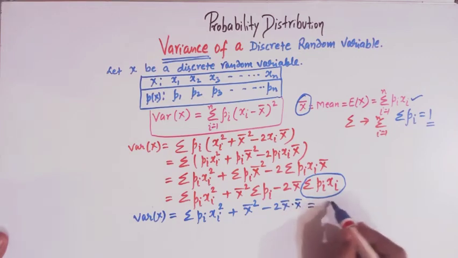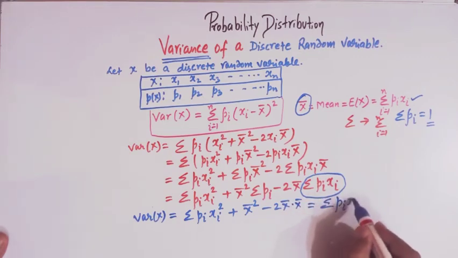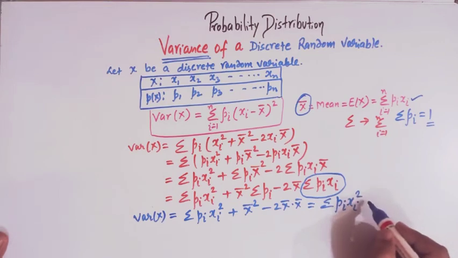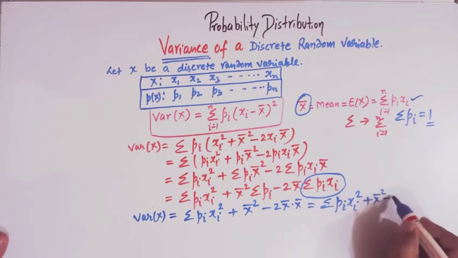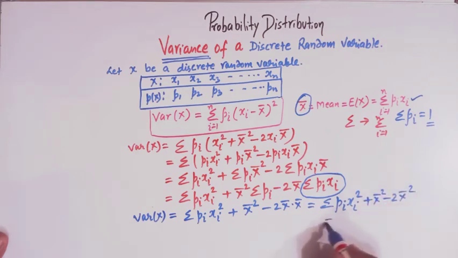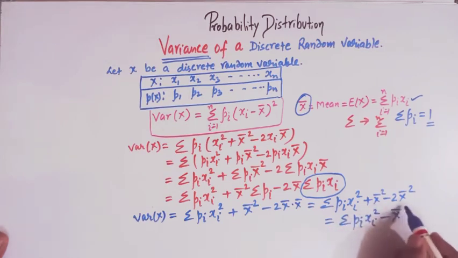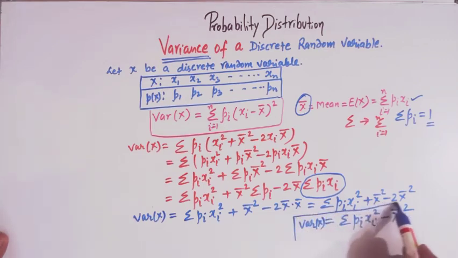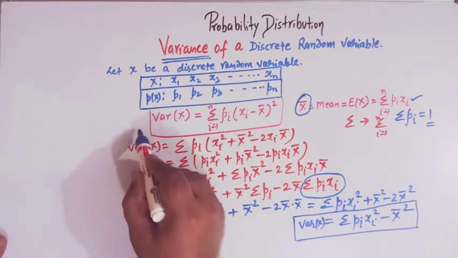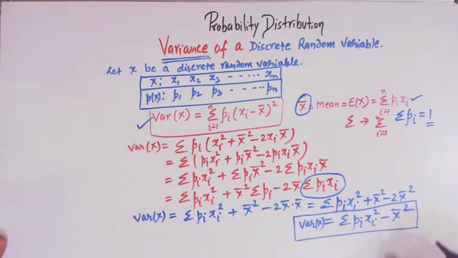So this can be written as sigma pi xi square plus x bar square minus 2 x bar square, and this is sigma pi xi square minus x bar square. So the formula for variance of x can also be written like this. So either we can write this formula or this formula.